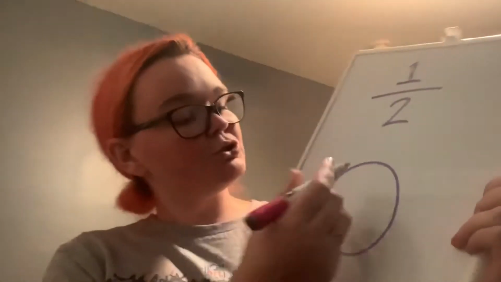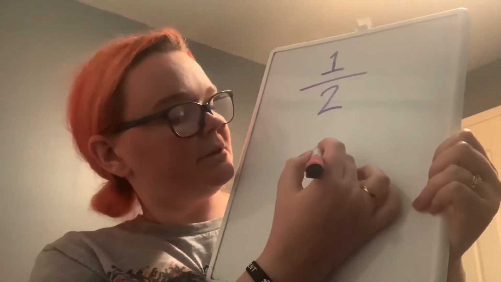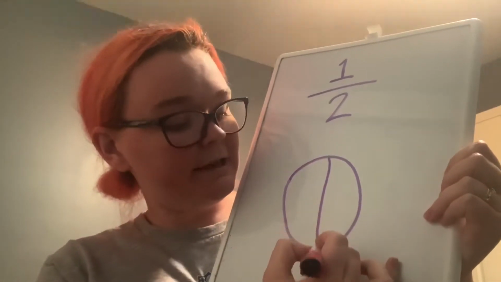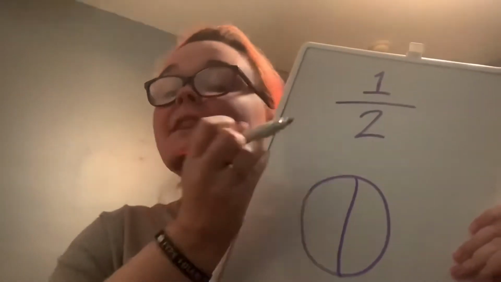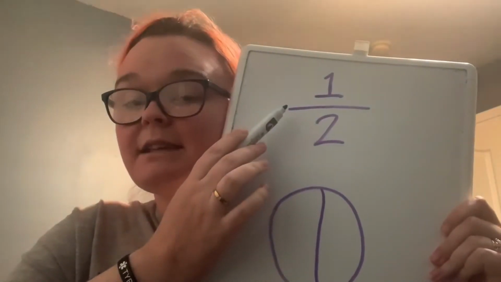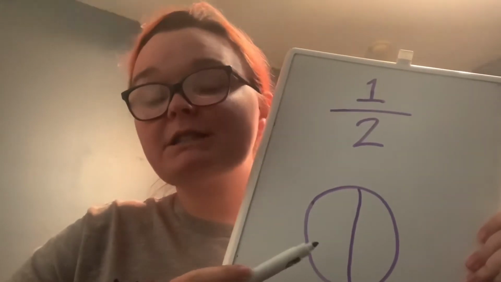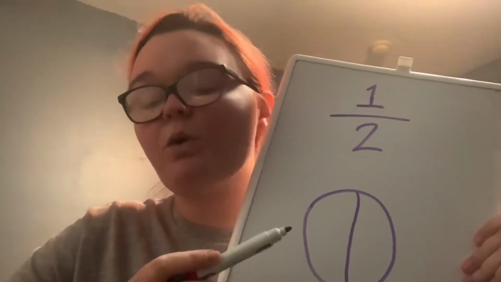I'm going to draw a line straight down the center, or as close to the center as I can get, because I'm not good at drawing straight lines. Then the numerator shows us the number of parts that are taken away or shaded, however the example is written.